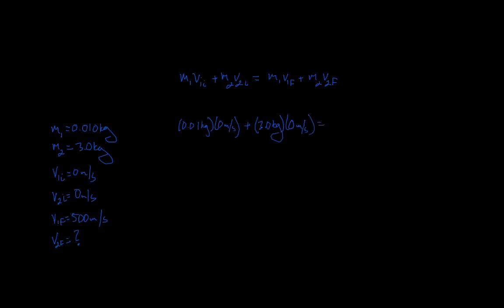This equals, again, 0.01 kilograms, that's the rifle bullet, and that's now traveling at 500 meters per second, and we add that to the 3.0 kilograms times V2 final, which is what we're solving for.